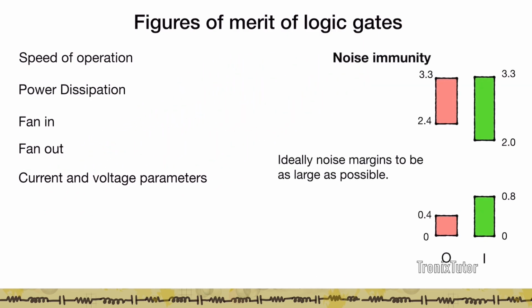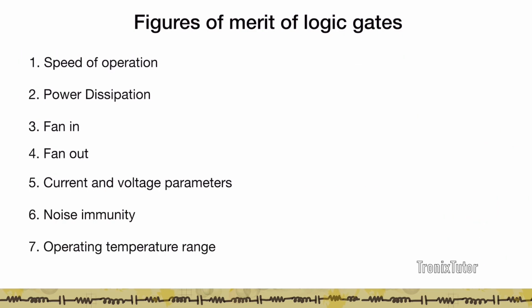And as I mentioned, we also talk about noise immunity. We want the noise immunity to be as high as possible. Ideally, we want noise margins to be VDD by 2 or as high as possible for 0 or 1. That way, we can ensure that the noise immunity is perfect. And the last thing we talk about is the operating temperature range.